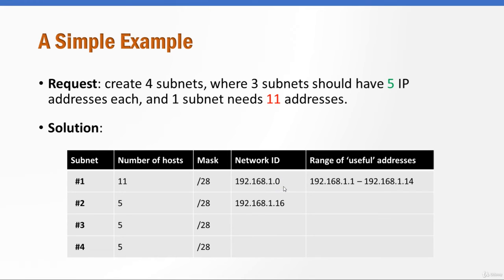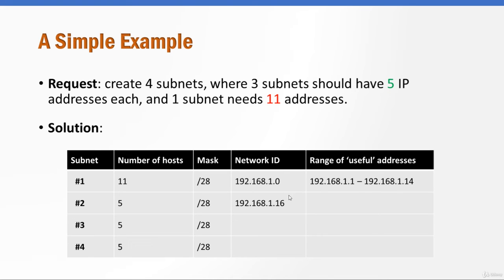So 2 to the power of 4 is 16, as we've said at the beginning. And here we have actually used exactly 16 IP addresses, counting the 0. So it's the 0th IP address, and then 14 useful IP addresses, and the 15th is going to be broadcast.